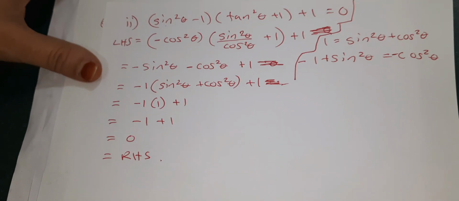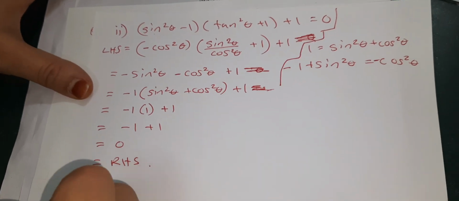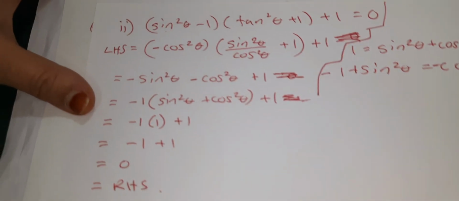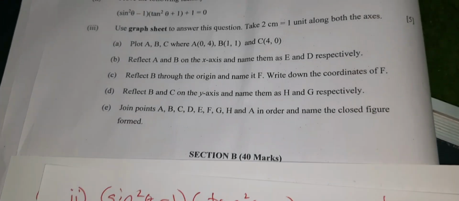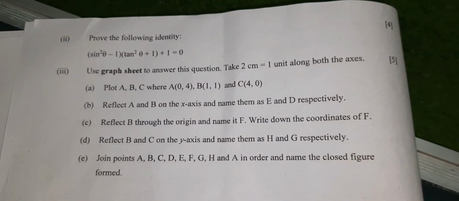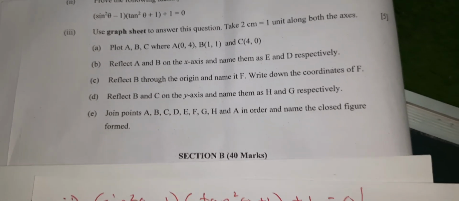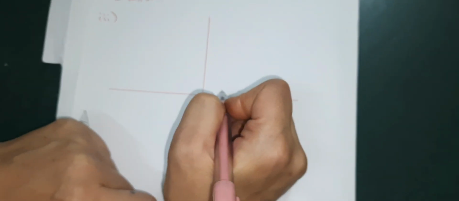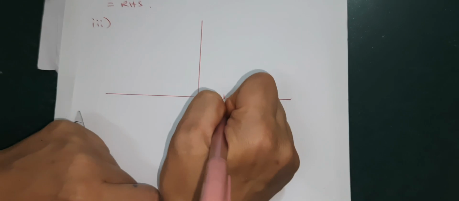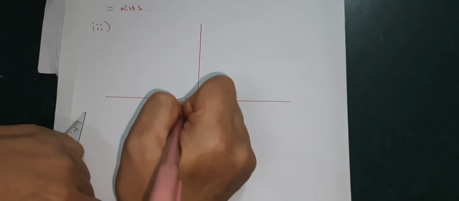Right? Now the third one, this requires graph paper, but we can do this on regular paper as well. Simply need to find the points. We scale our scale. Let's do it till 4. 1, 2, 3, 4.